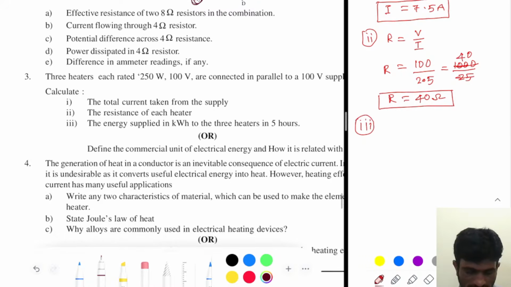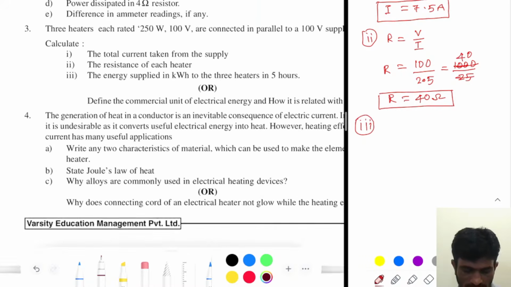Now the next question, the third question in this: here we want the energy supplied in kilowatt hour to 3 heaters in 5 hours. So here 3 heaters are given, so we have to multiply by 3. We have one formula, NPT: number of devices into power of the device into time. Energy is equal to NPT, you remember this formula also.